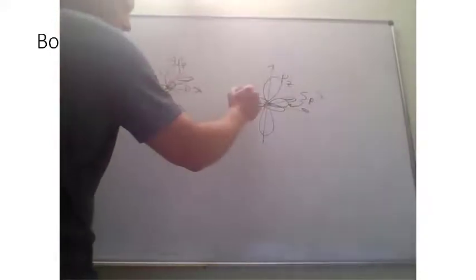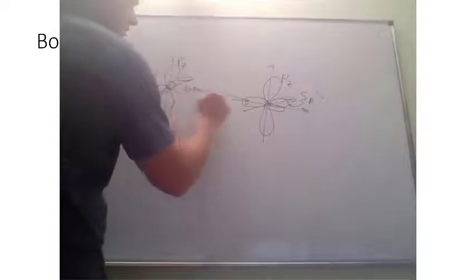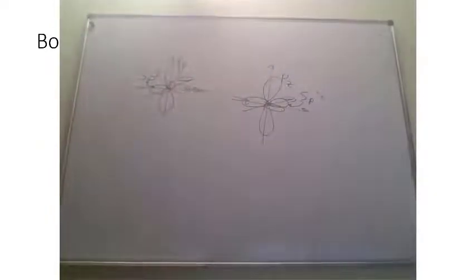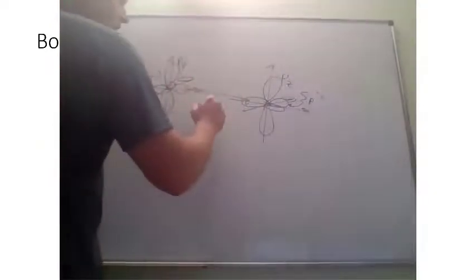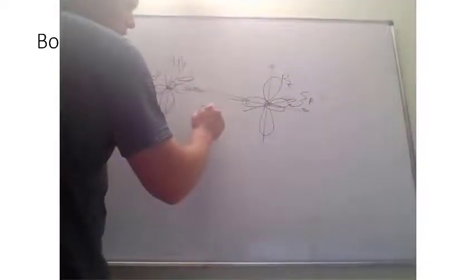If we have opposite spin electrons, we can get a direct overlap between these two unpaired electrons to form a sigma bond. Sigma bond again is a single bond.